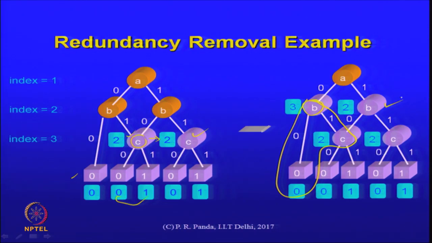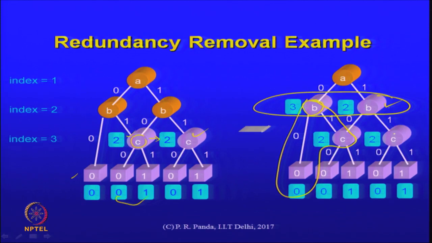What is the redundancy removal process? I look at all of these nodes at that level, and see whether I can find another node with the same Boolean function. How do I find that? Anyway B is common for all of these nodes. So I try to find whether I already computed a function in which the index is B, left child is 2 and right child is also 2.